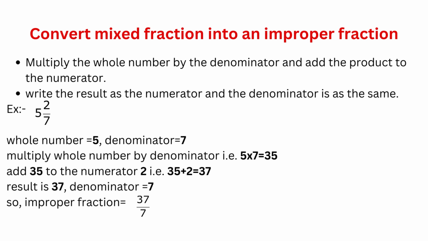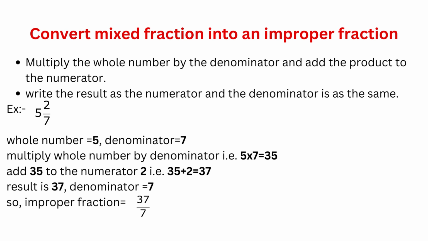Example, 5 2 by 7. It's a mixed fraction. The whole number is 5, the denominator is 7, the numerator is 2. So first what we have to do is multiply the whole number by the denominator, that is 5 into 7 is equal to 35. We got the product 35. Now we have to add this product to the numerator.